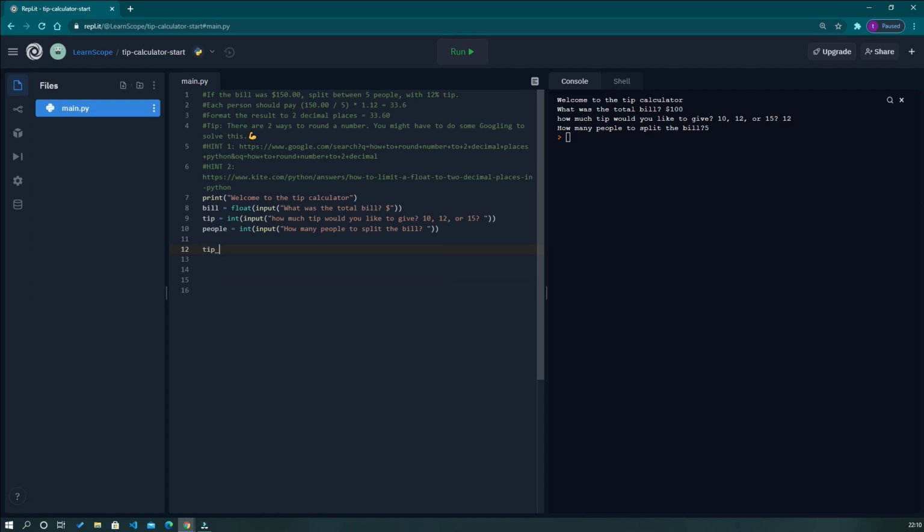Tip as percent equals tip divided by 100, and then total tip amount equals tip as percent times bill.